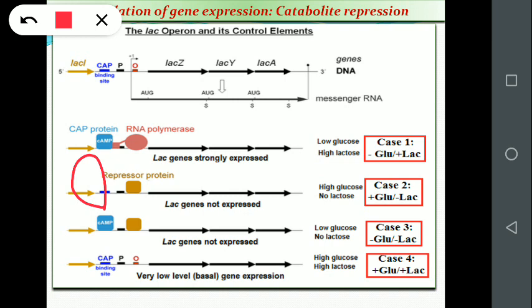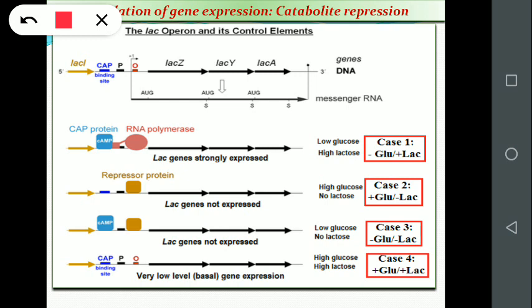And the second point is lactose is also absent, so the operator site is occupied by the repressor. So the positive regulator is absent and the negative regulator is present. Therefore there is no expression of structural genes. So the lactose operon is completely shut down. That is the second case.